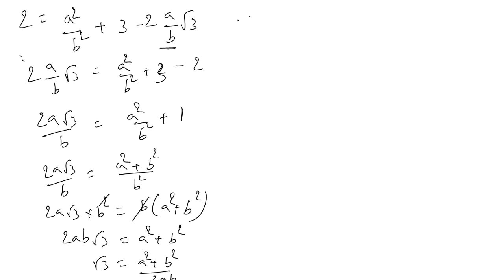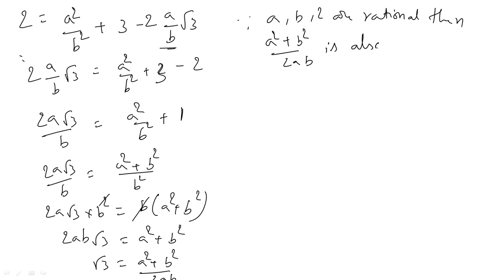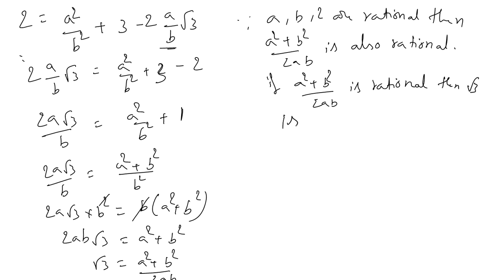Now, we'll write this. Since a, b and 2 are rational, then a square plus b square by 2ab is also rational. If a square plus b square by 2ab is rational, then root 3 is also rational.